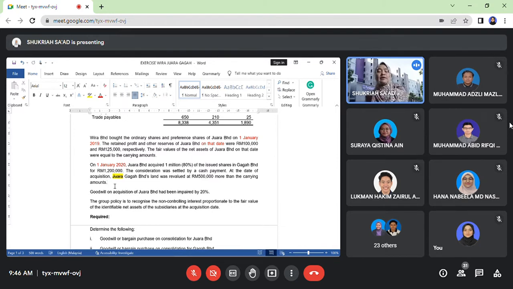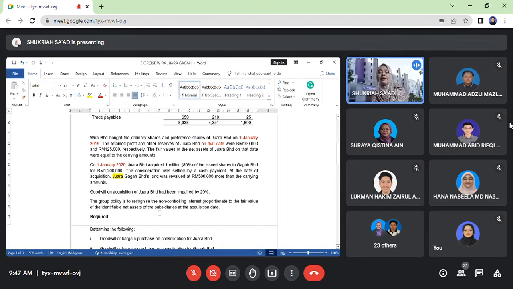So remember kita ada 10 adjustment kita discuss hari tu, very quick one, ada 10. One of the adjustment that we have been discussed, there's one item nama dia revaluation on asset. Okay, so macam mana kita nak identify revaluation on asset tersebut. Okay, alright. Tu adjustment yang pertama, saya introduce kat sini.